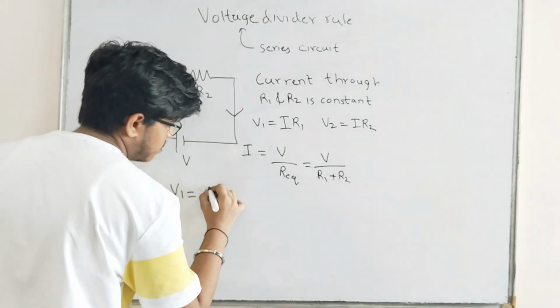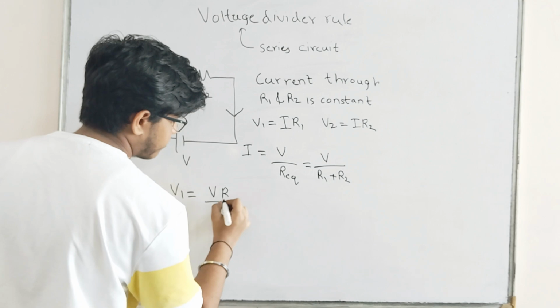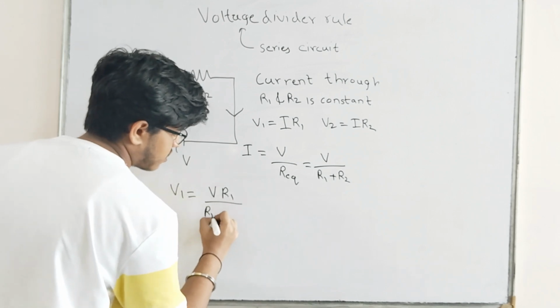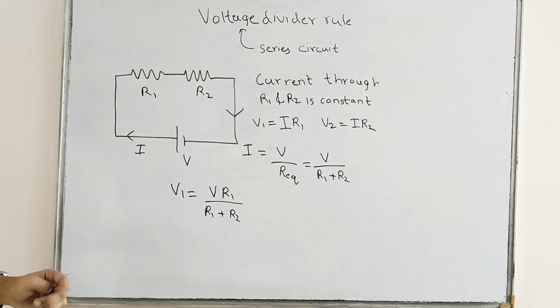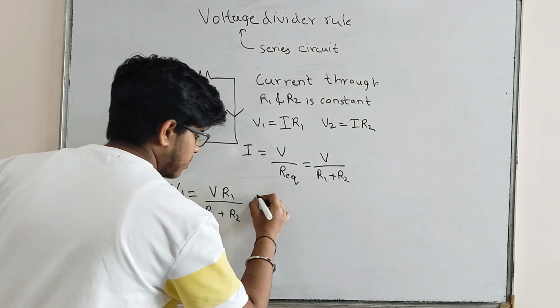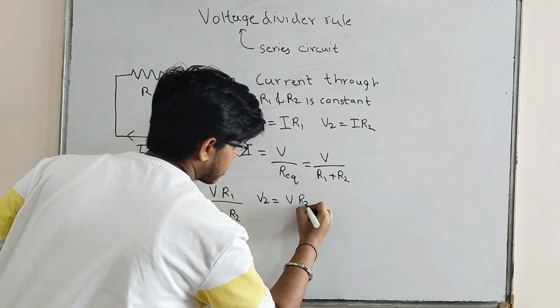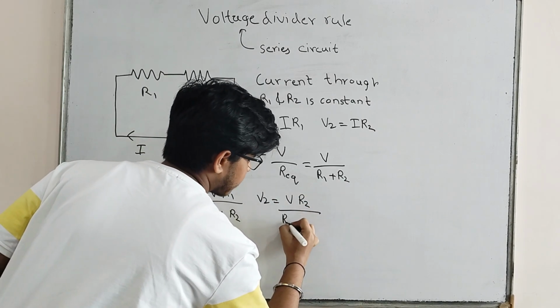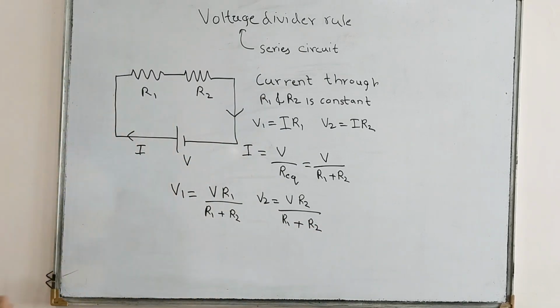V1 is equal to V R1 upon R1 plus R2. So this is the voltage across resistance R1. Likewise, V2 is equal to V R2 upon R1 plus R2.